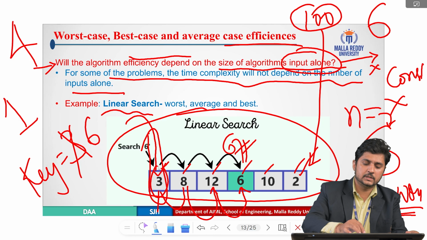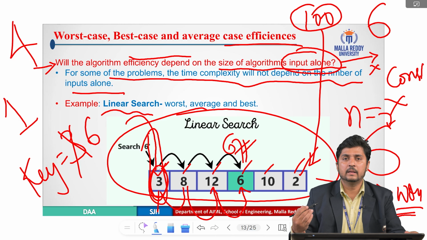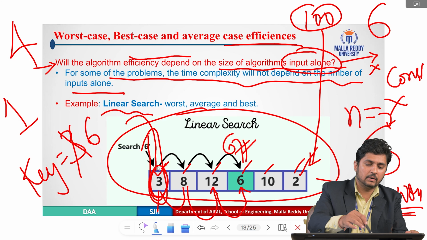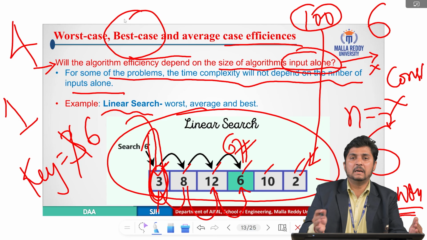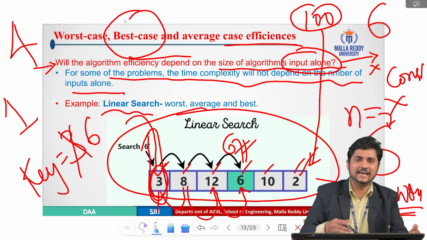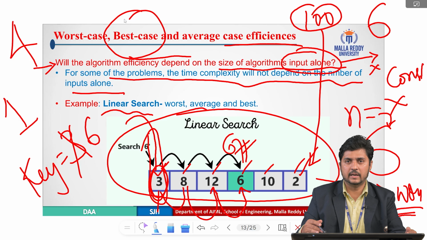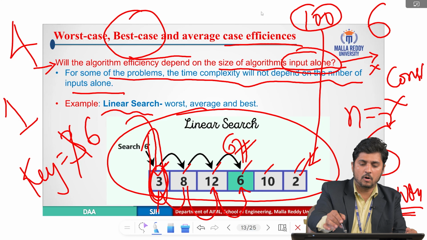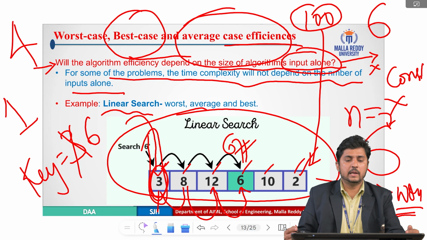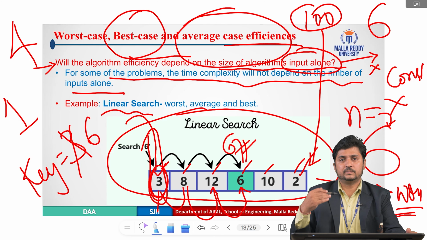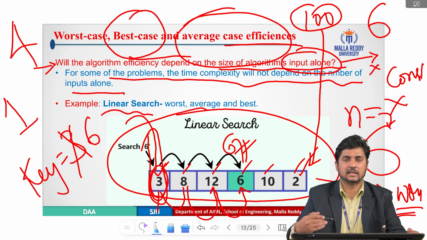And the first match, where we get a key element match, falls under the category of best case efficiency. And between the best and worst, it may be the second index value, or third, or fourth, or fifth index value. Those all come under the category of average case efficiency. So now I think the answer to our question is clear.